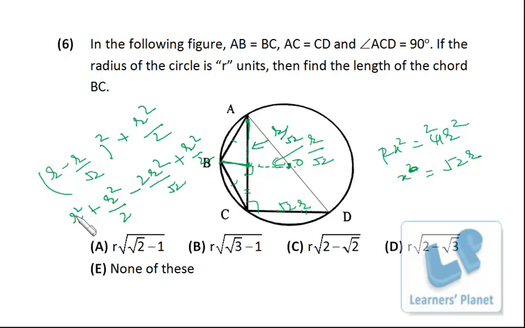So R square by 2 plus R square by 2 is R square, plus R square is 2R square. 2R square I can take common, then it is 1 minus 1 upon root 2, right? So you can just solve it and you can find out the correct answer. As far as I can see, this will be the correct answer, right? After that you need to take the square root because this is AB square, right? So after that if you solve, you'll be getting this as your answer. Okay.